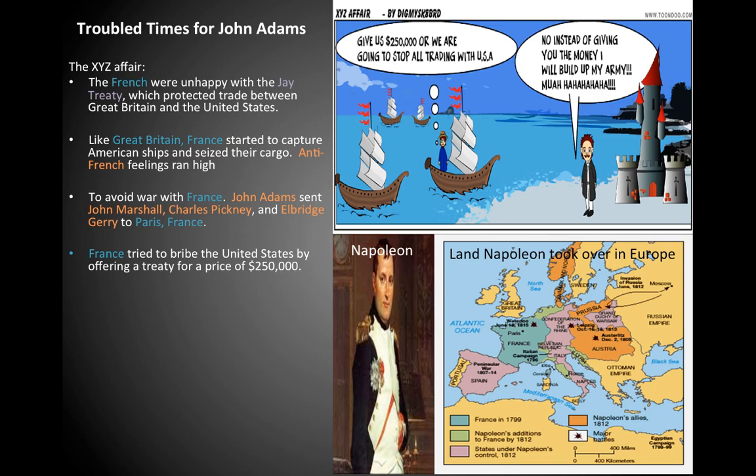Well, instead, the French send 3 representatives who get the name XYZ, and they tell the United States that you need to give France $250,000 or we are going to stop trading with the United States and keep attacking your ships.